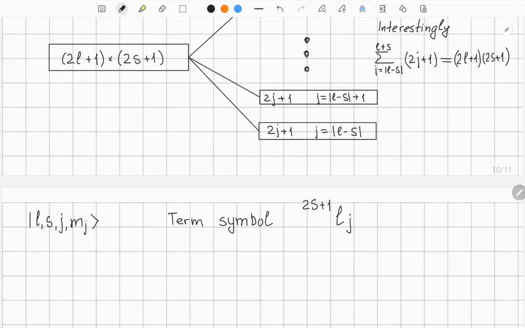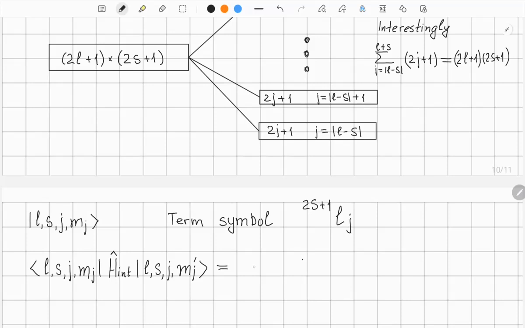To answer this question, we need to calculate the matrix elements of the interaction Hamiltonian H int within the 2J plus 1 dimensional subspace spanned by the states with different Mj.